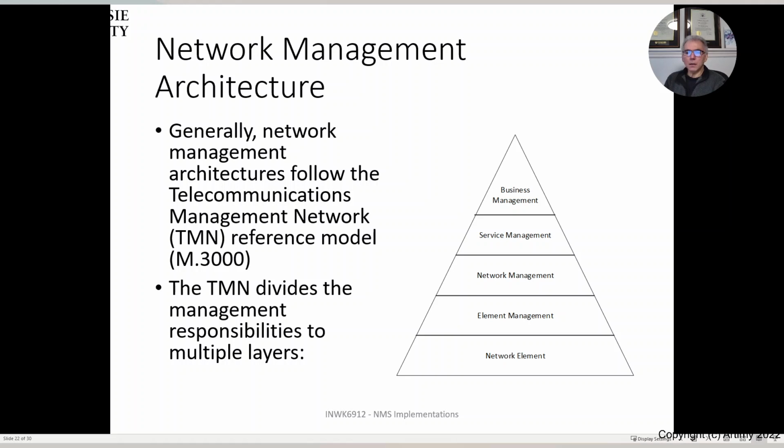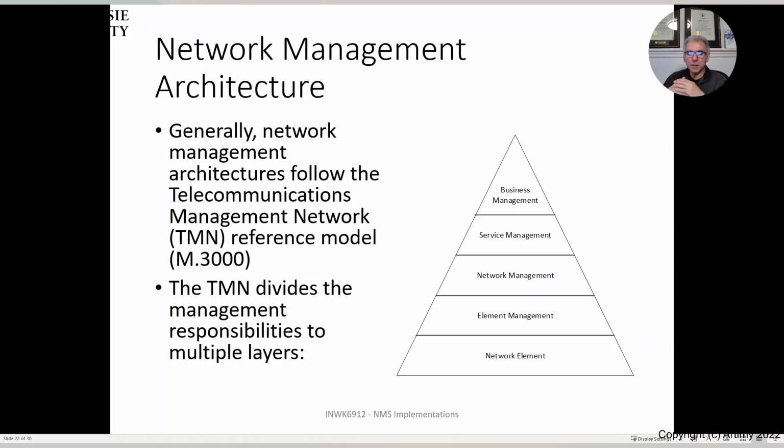Then the layer on top of that is all the tools that we use to manage a single element. So if we use a specific protocol to gather information from a specific element, now we are managing an individual element, right? So we use one protocol or one tool to manage one particular element.